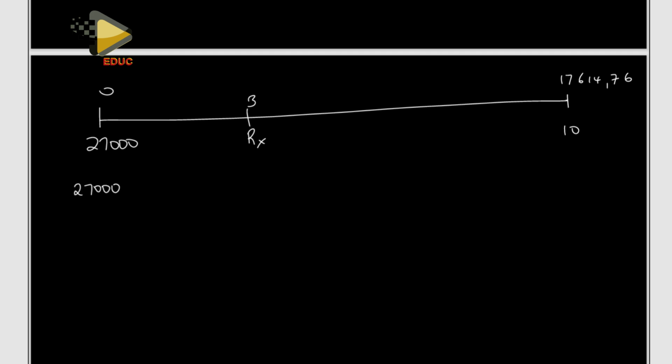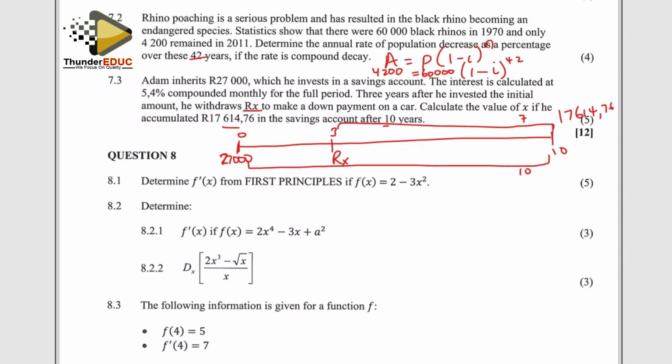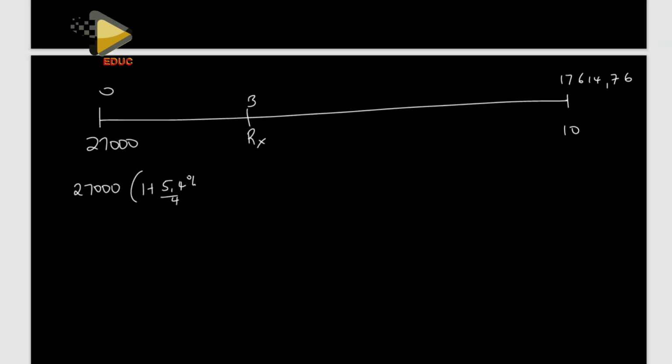I can look at the 27,000 for the first 3 years and then the next, but I would prefer to work it out at the same time. So we said we're using 5.4%, we're compounding it monthly. So 12 to the exponent, I'm going to say 12 times 10.